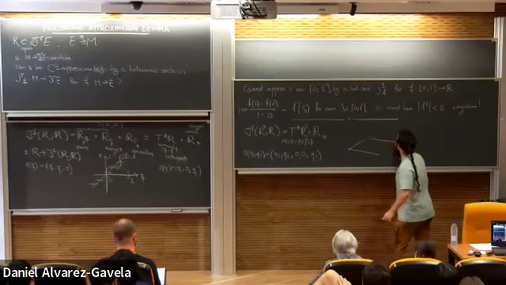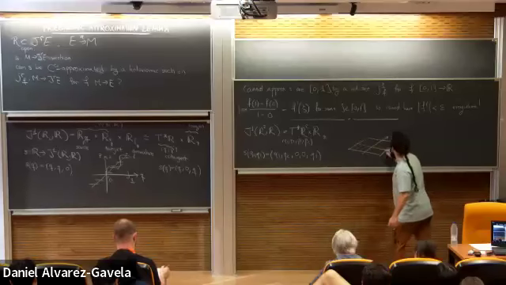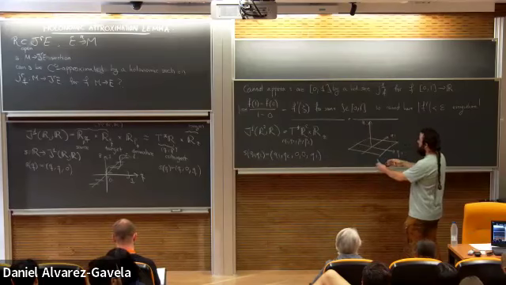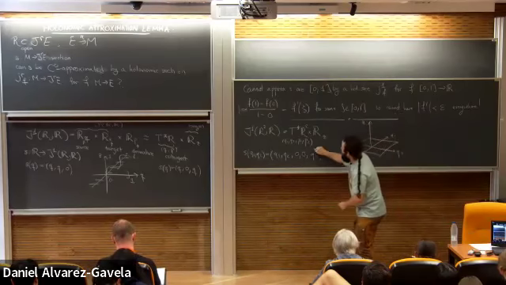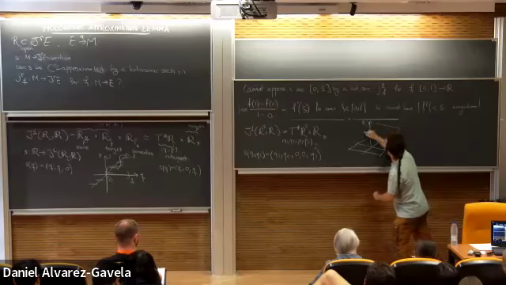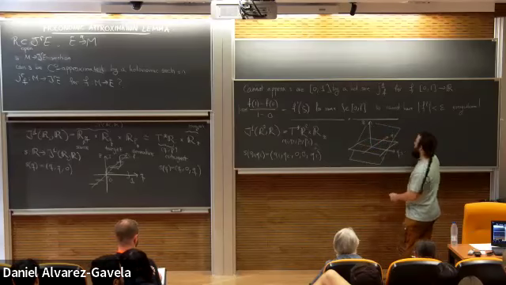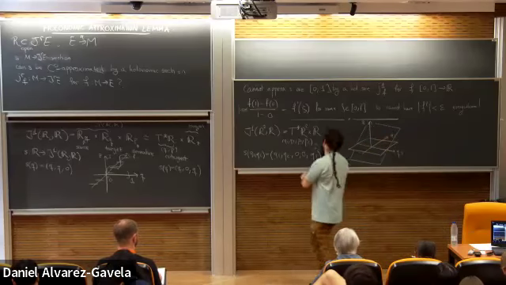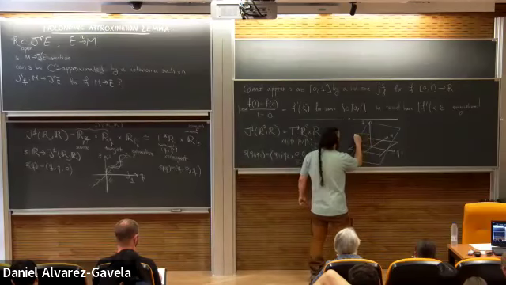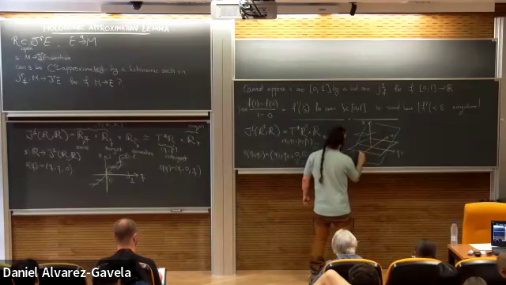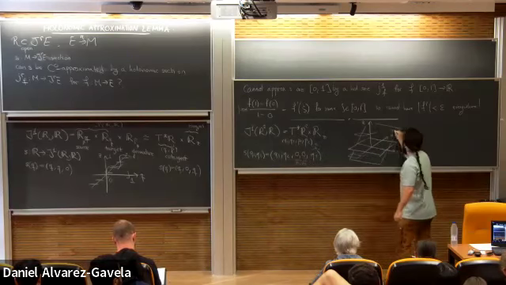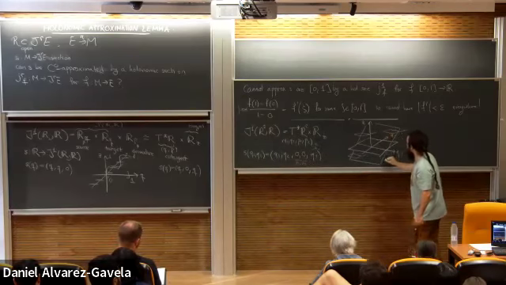So let me draw a picture. This section is the z variable, so it's going up like this. And then again, the derivatives are 0. So I want the order 1 information to be 0.